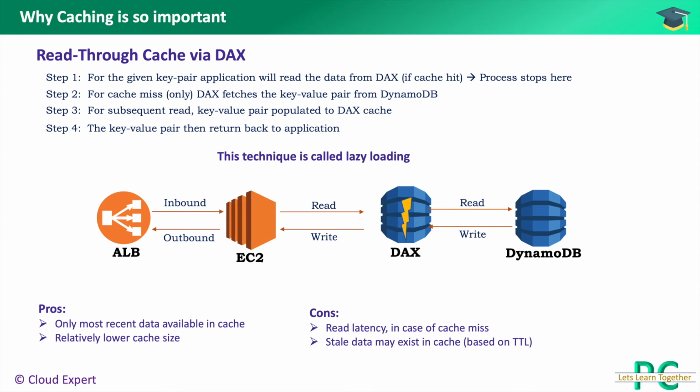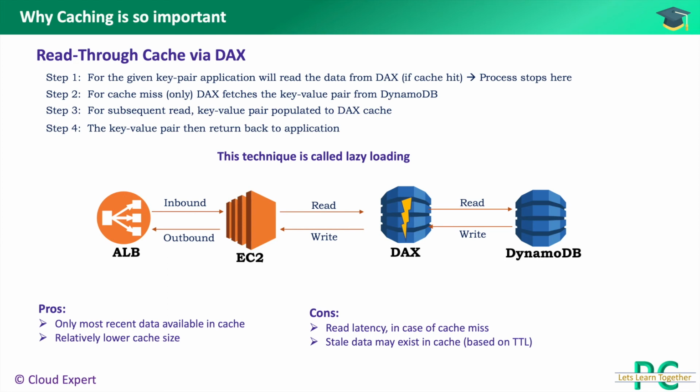But the disadvantages are, if there is a cache miss, it will be a 4-step process. It will increase the read latency. So let's say you have provisioned a low amount of cache size and your application is read heavy, it can have multiple cache misses.